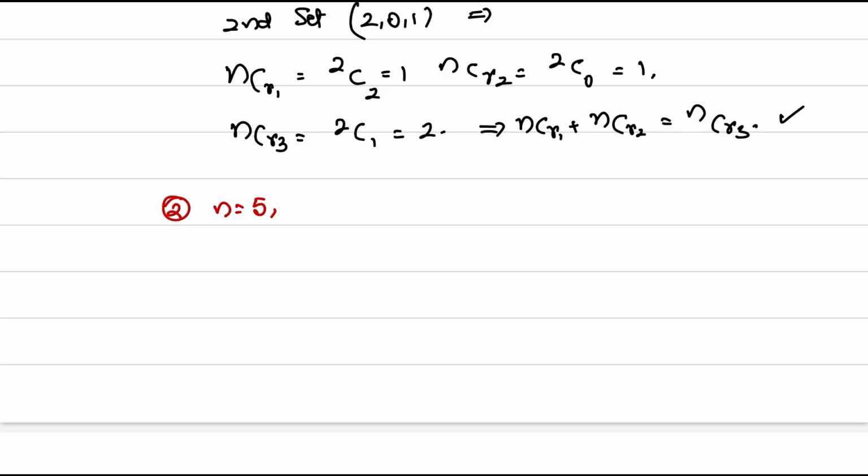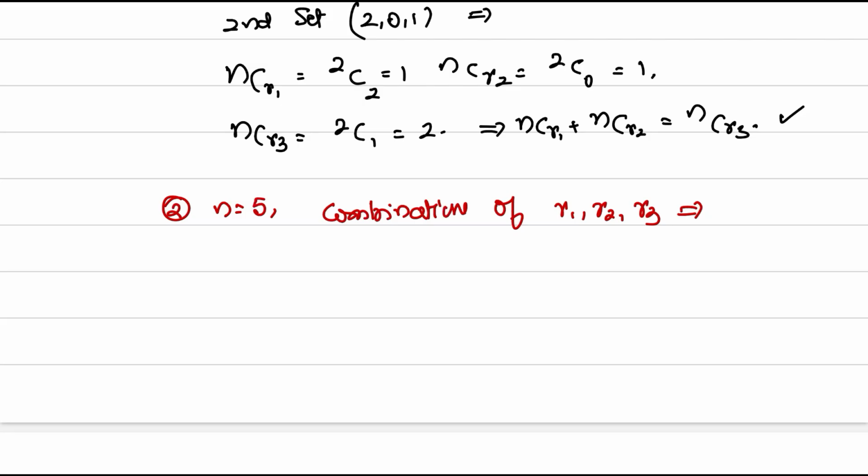That can be combinations of R1, R2, R3 will be... let us check.